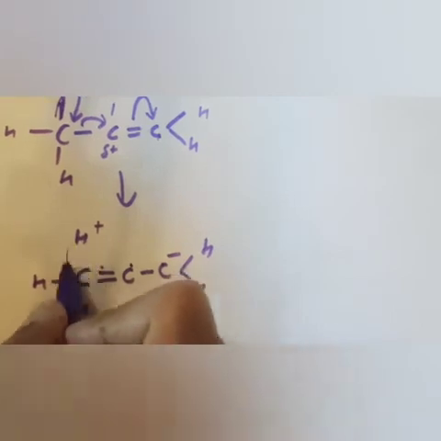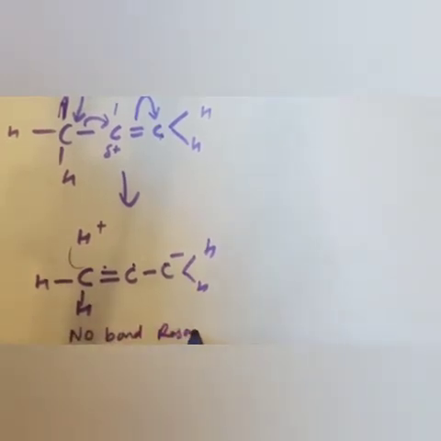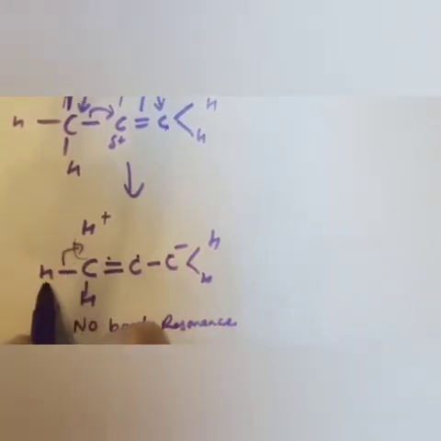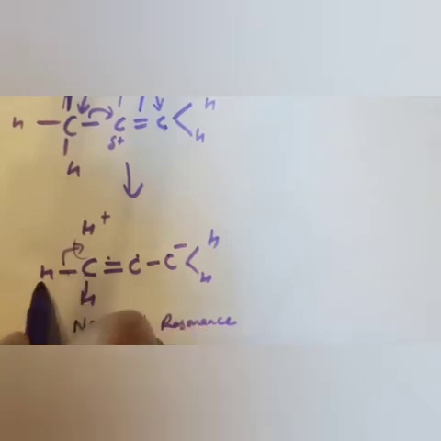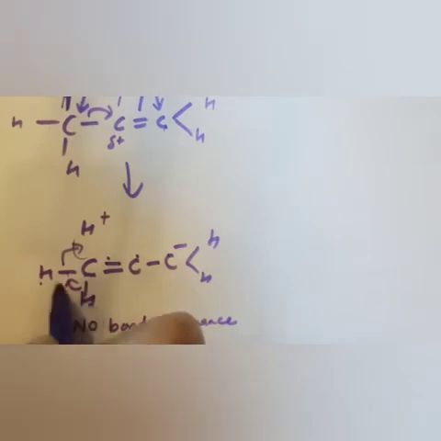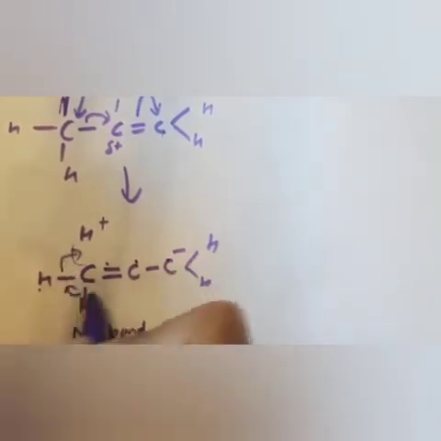Due to electrostatic force, this hydrogen will be held near this carbon. So this is called no bond resonance. Maybe this hydrogen will take this bond, and then we will get no bond between this and this carbon. Then this will take this, no bond between this and this carbon. So in this way there is a resonance, shifting of bonds without removing the hydrogen.